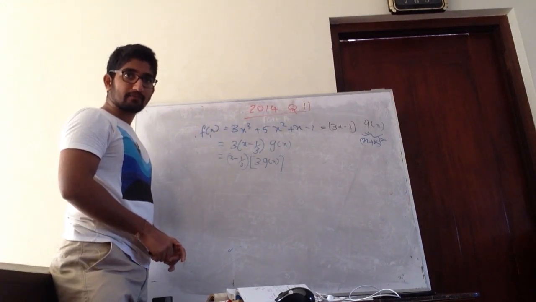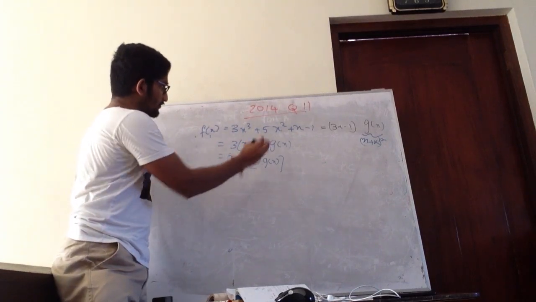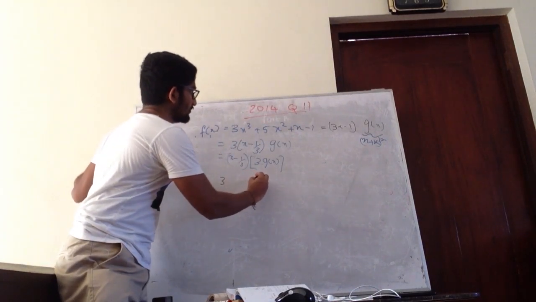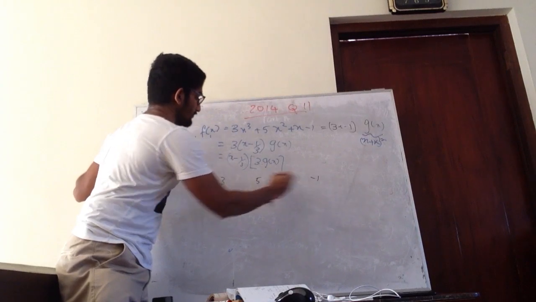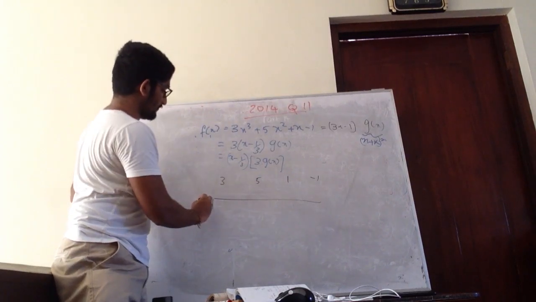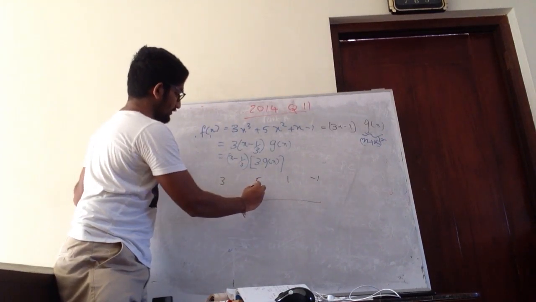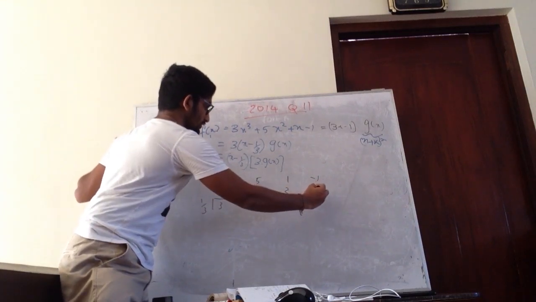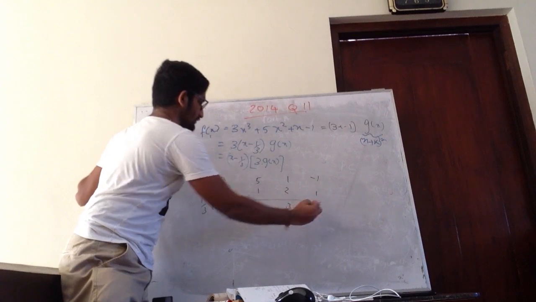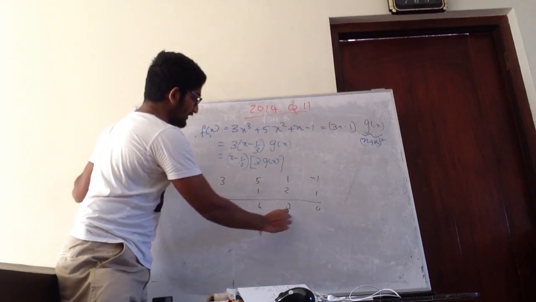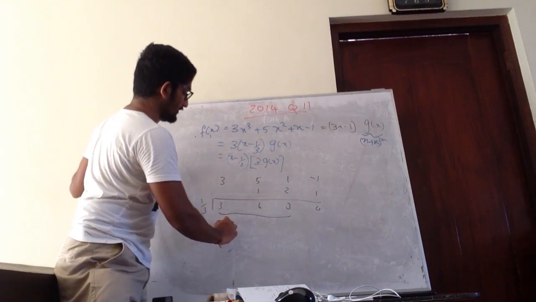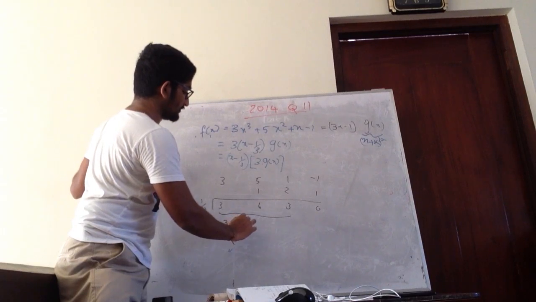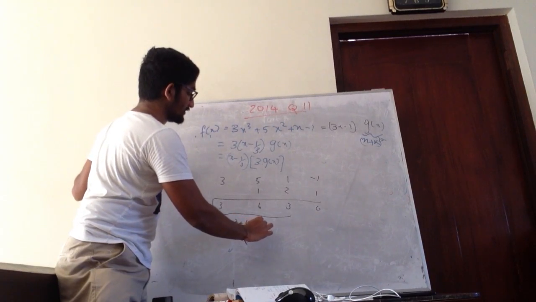So now if I redo this, 3, 5, 1, minus 1, 1 over 3, 3, 1, 6, 2, 3, 1, 0. Right, so now we will get this. This is basically 3x squared plus 6x plus 3.